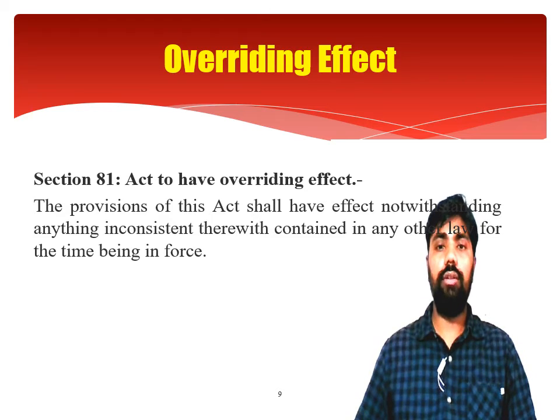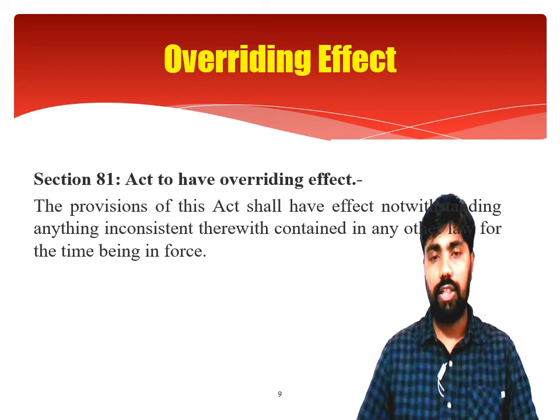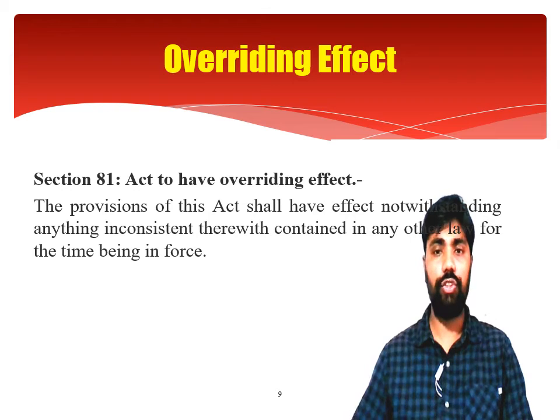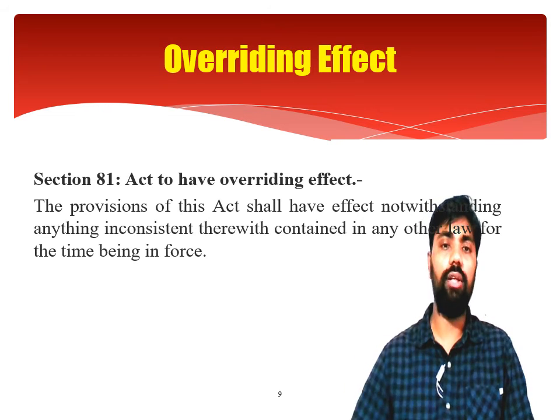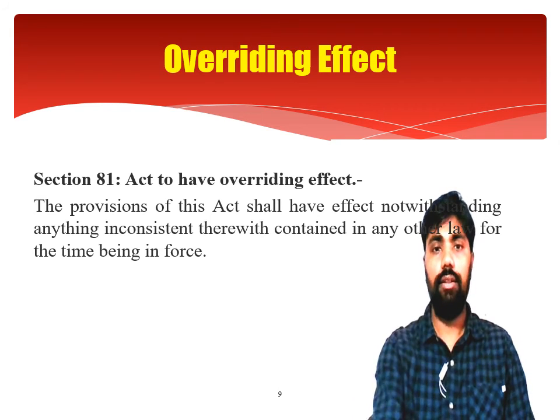So, even an act which is inconsistent with the law made under the Information Technology Act, then this particular enactment would have overriding effect, and therefore there is a term called notwithstanding. That is a non-obstante clause, and it would have an overriding effect over the provisions of any other law. Hope you might have understood. Thank you very much.